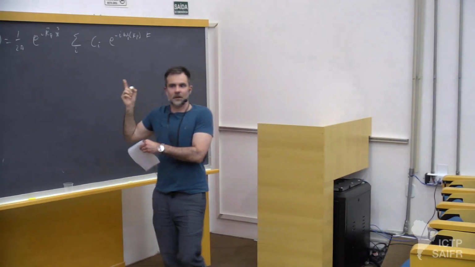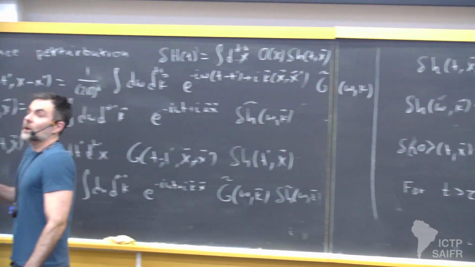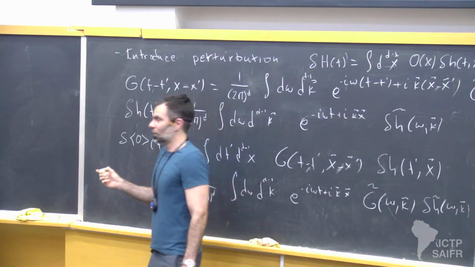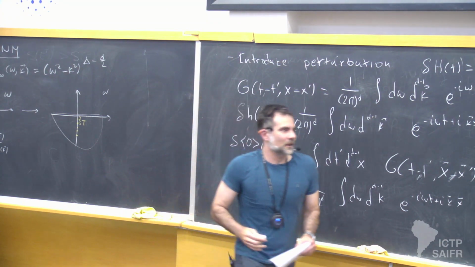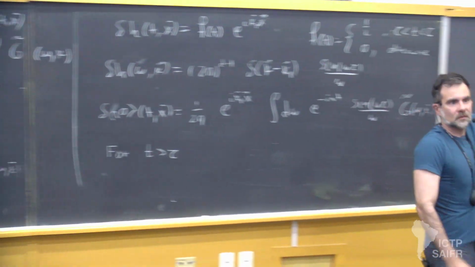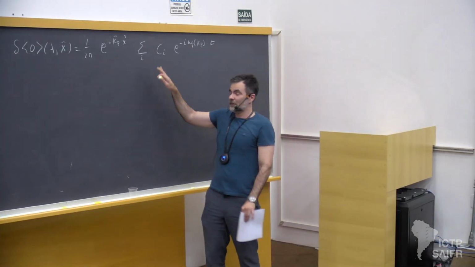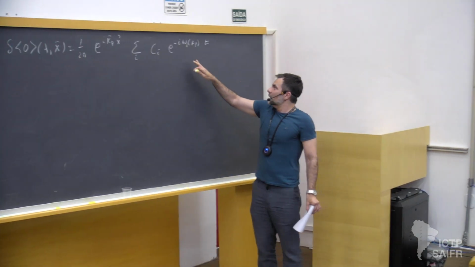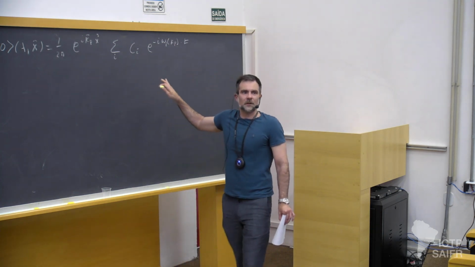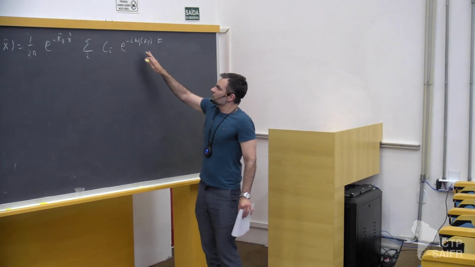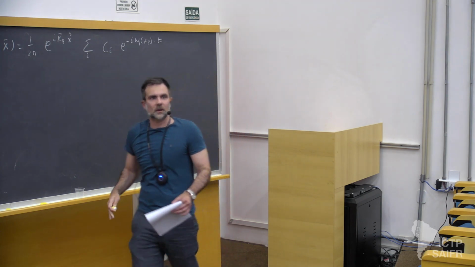So this is the late time behavior that I would get if I had a finite number of poles in the lower half plane. You don't have a finite number of poles in the lower half plane, so this argument is not, strictly speaking, correct. But the late time behavior is still this. Okay, so this argument would give you some intuition about what should happen, and this is actually what is happening. However, this is not a proof, really, because you don't have a finite number of poles in the lower half plane. Despite that, at late times, the behavior is described by the positions of these poles.